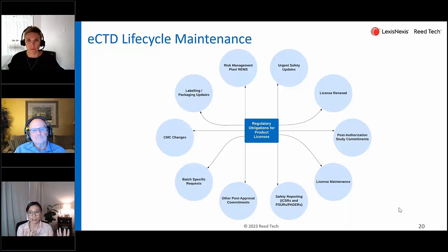Maybe there was a change in manufacturing facilities. Every single thing you modify in how you're producing the product, how you're monitoring safety, or changing the formulations has to be submitted to the eCTD. That's the eCTD lifecycle maintenance activity, to ensure we have a single source of truth or a historical timeline of everything that's been submitted and approved or denied from the health authority through that eCTD.